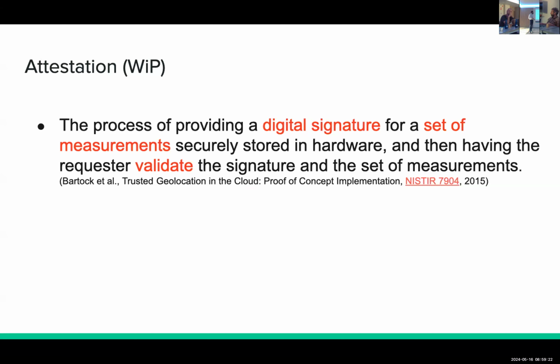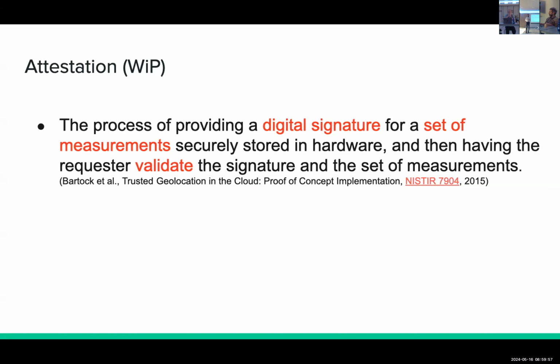This is one of the definitions from NIST, which defines what attestation is: the process of providing a digital signature for a set of measurements, securely stored in hardware, and then having the requester validate the signature and the set of measurements. So there are three important terms: the digital signature, the set of measurements, and the requester or any other party who will then validate the signature and the set of measurements.